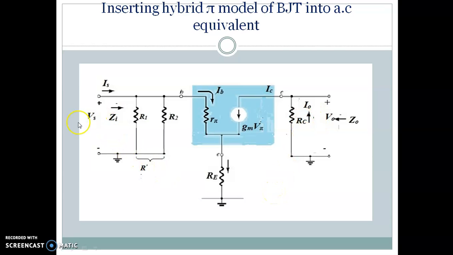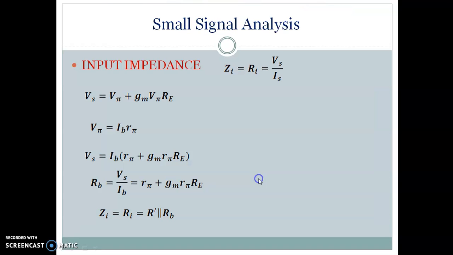First we take up Zi, which is Vs by Is. You can see that these two are in parallel, which is reduced to R dash, and there is one more combination, this arm R pi and RE. This arm will come in shunt with this R dash, but the current through R pi will be IB, while the current through your RE will be IB plus gm V pi.